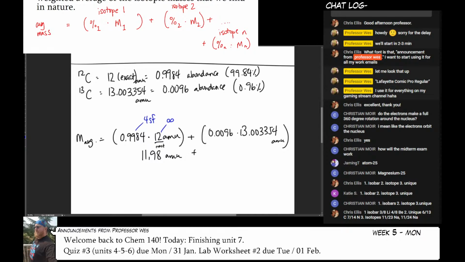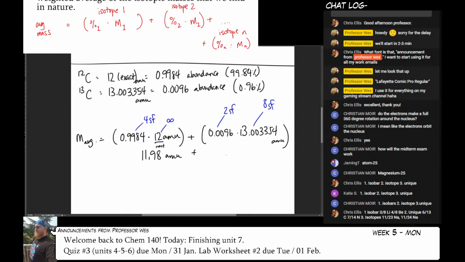Then over here, I'm going to multiply a number with 2 sig figs by a number with 1, 2, 3, 4, 5, 6, 7, 8 sig figs. So my answer should have 2 sig figs. So 0.0096 times 13.003354.